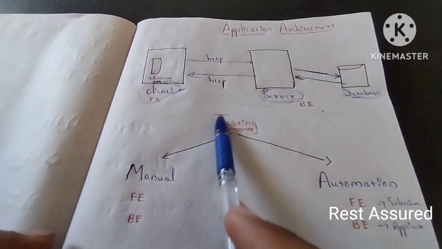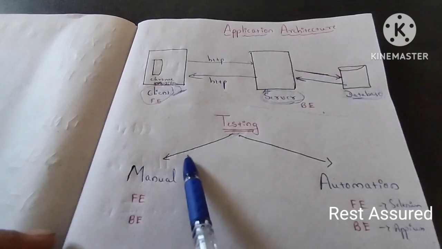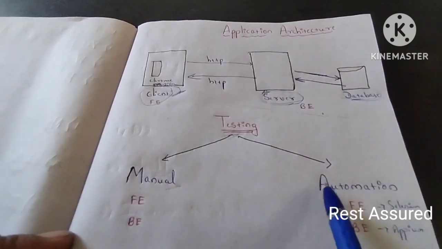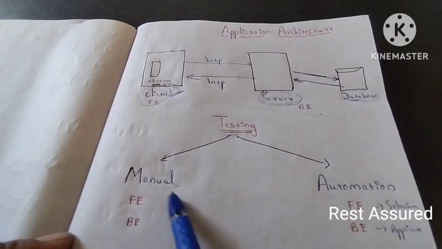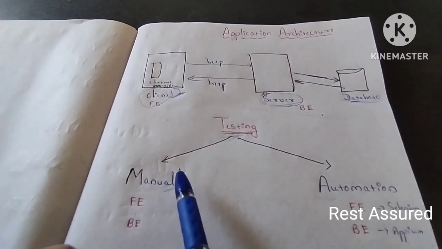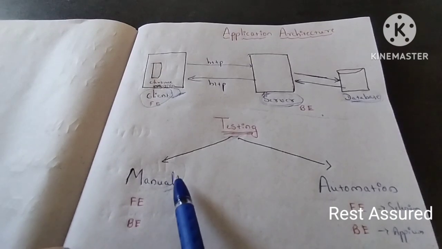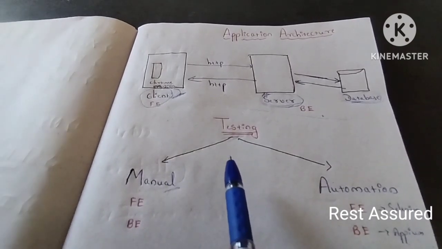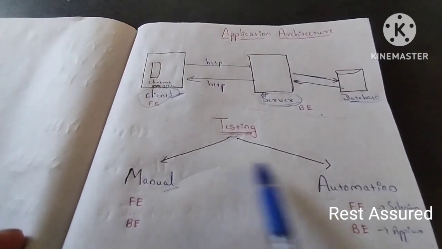Basically in testing we have two types. What are those? Manual and automation testing. Even the single word says what manual is. Manual means no use of any tools, done by a human.